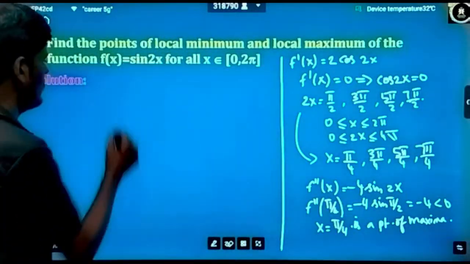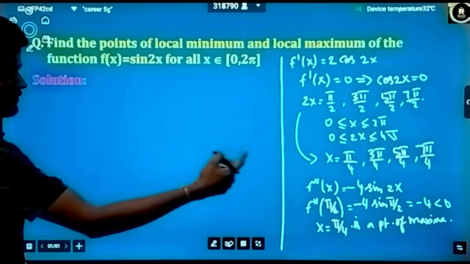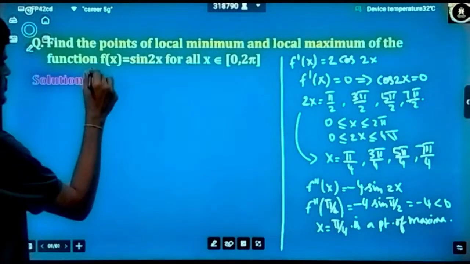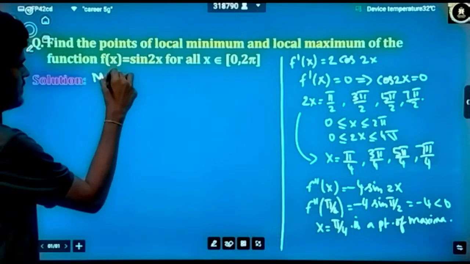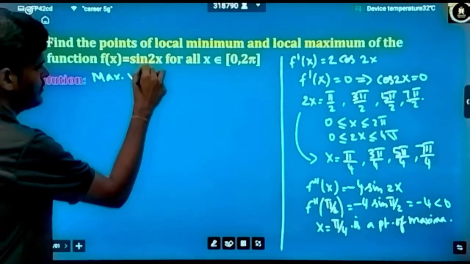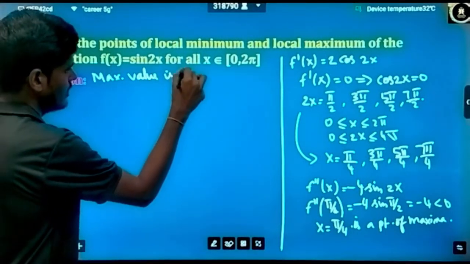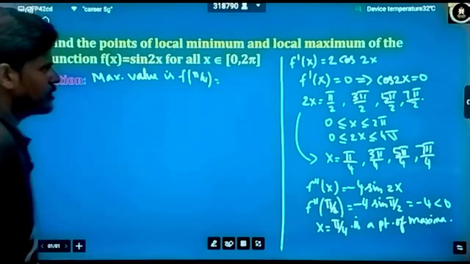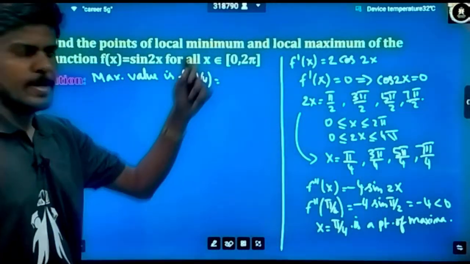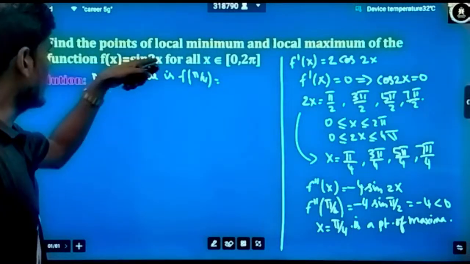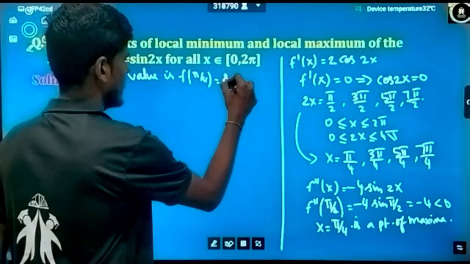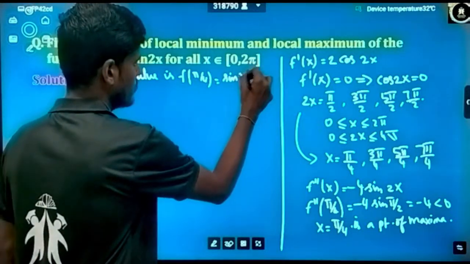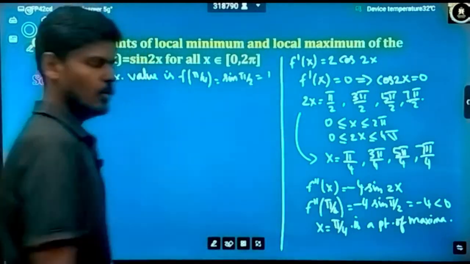Then we need to check what is f of pi by 4, that will be the maximum value. So the maximum value is given by f of pi by 4. In place of this function we have to substitute, that will be sine of 2 times pi by 4, that is pi by 2. What is sine pi by 2? 1.